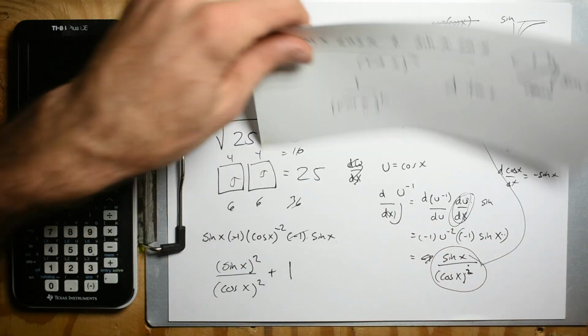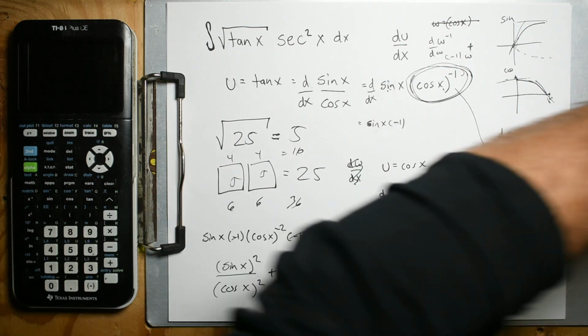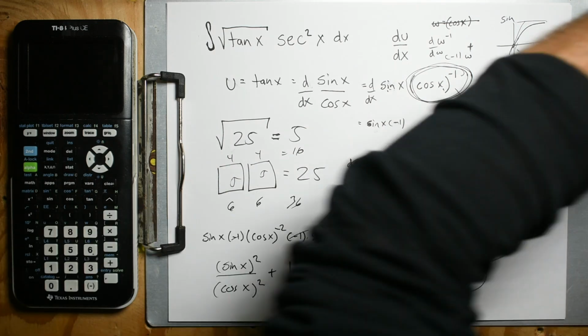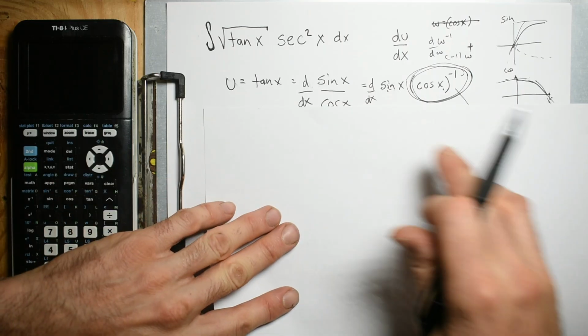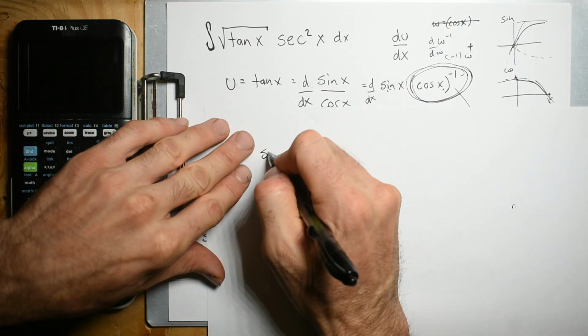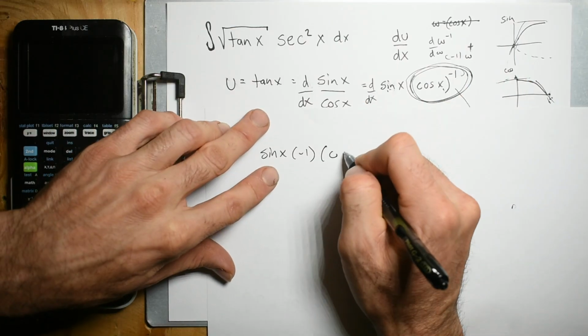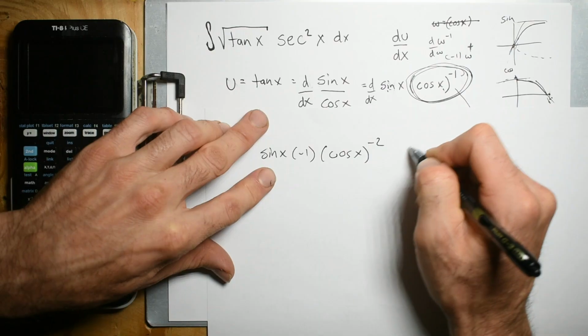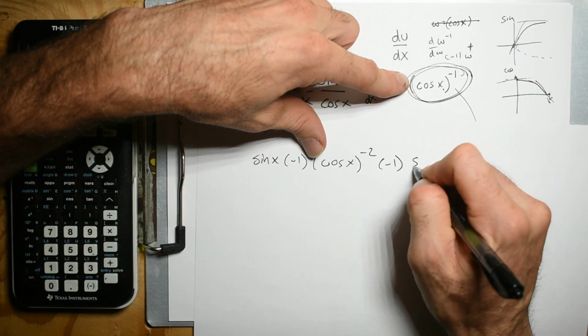So where did we go wrong here? Let's go through this one one more time, just to see. So the product rule is first times the derivative of the second. And then the derivative of the inside is a negative sign.